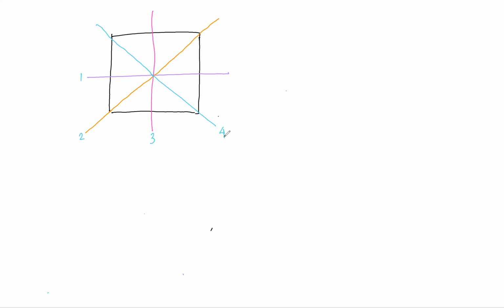So the question is asking you that out of all these axes, which of the following relations are correct? I'm going to give you some, but I think you'll get the idea from here itself. One relation is I1 is equal to I4. More than one option could be correct. Second one, I1 plus I2 is equal to I3 plus I4.